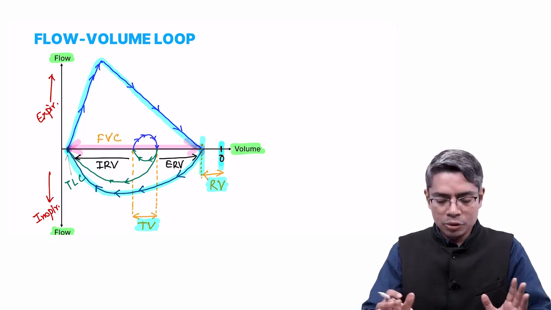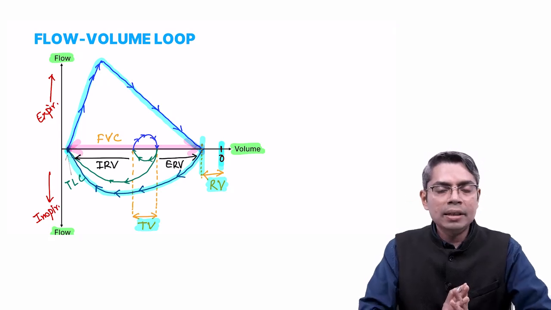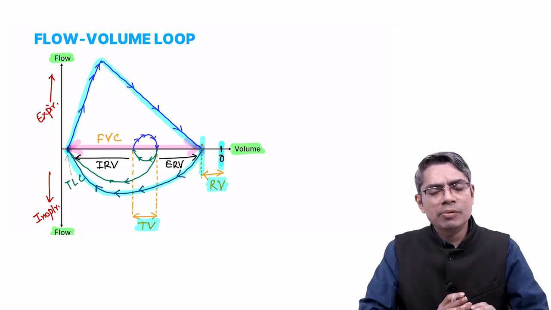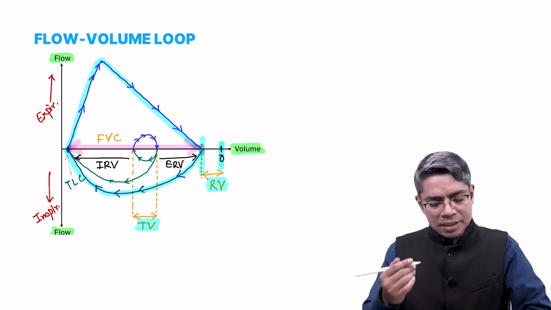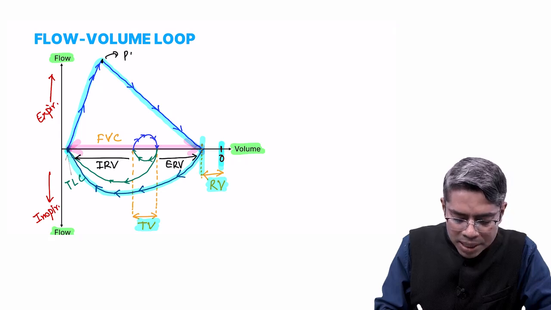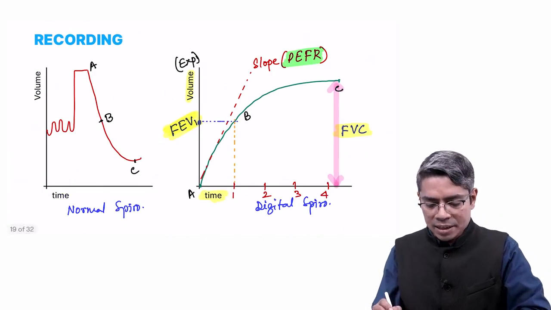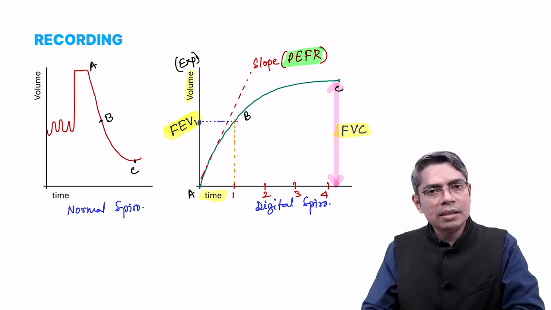Getting my point? So, this flow volume loop has a particular shape, and the expiratory portion is much more important for diagnosis of various respiratory diseases. During expiration, there is a maximum flow and that is known as the PEFR, peak expiratory flow rate. We have already seen that in digital spirometer, if you take the slope from this curve, then also you are going to get the PEFR.